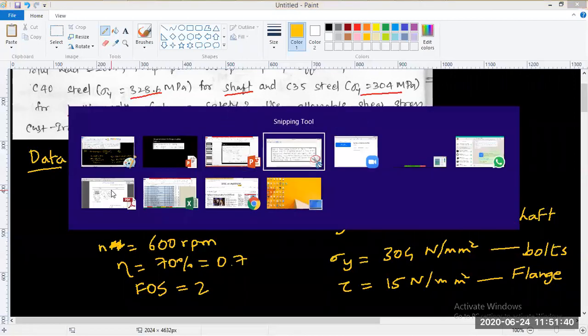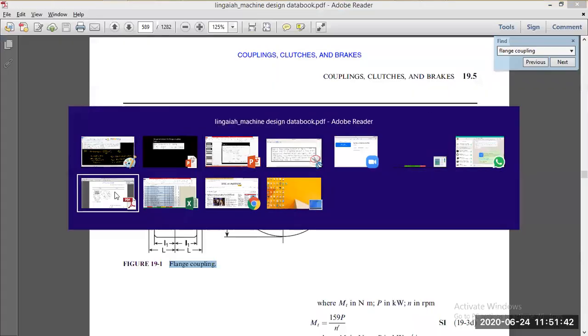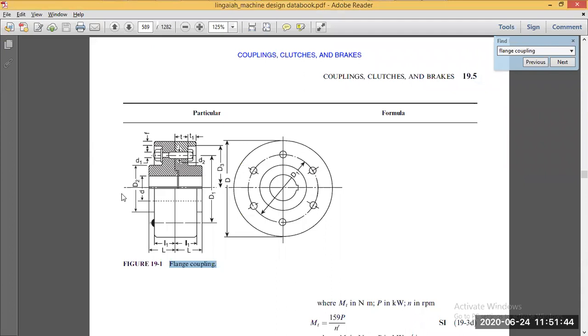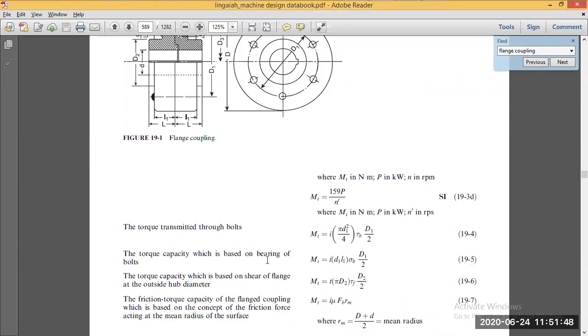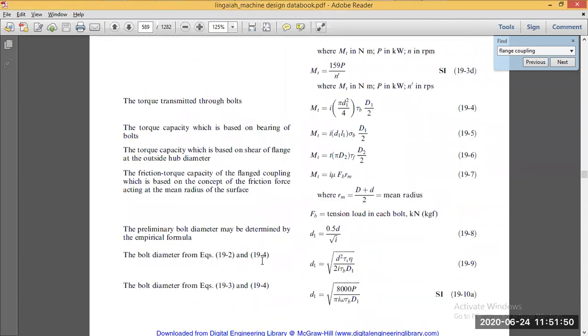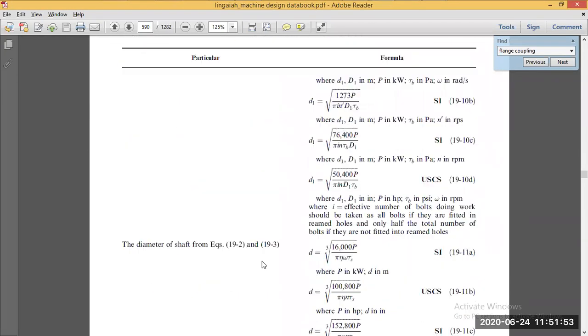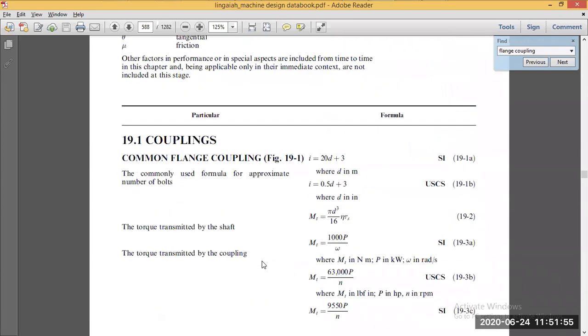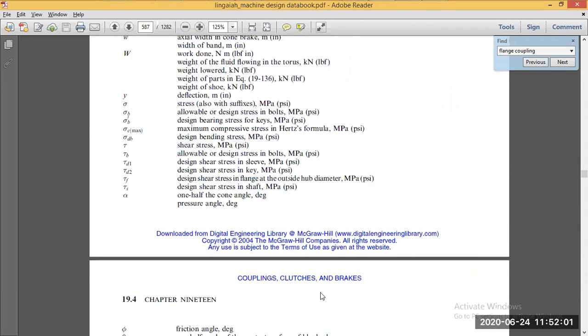So let's see if we have any equation in the data handbook for that. Maybe somewhere here, in terms of Q and H. Okay, we have torque, power.